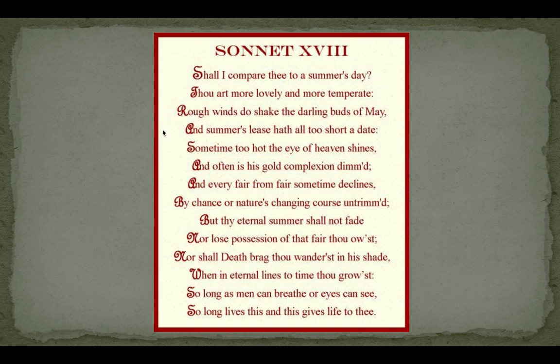Then we've got a little something more said about summer. Rough winds do shake the darling buds of May. Oh, it gets really windy in summertime, and the flowers are affected by the wind. Maybe they even lose their petals. And summer's lease hath all too short a date.